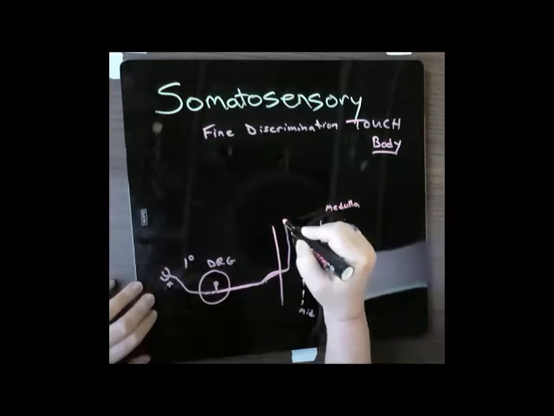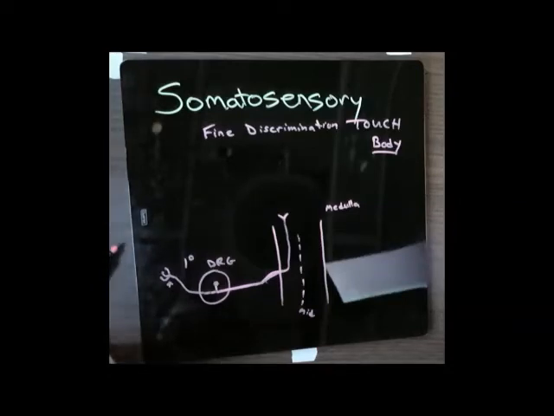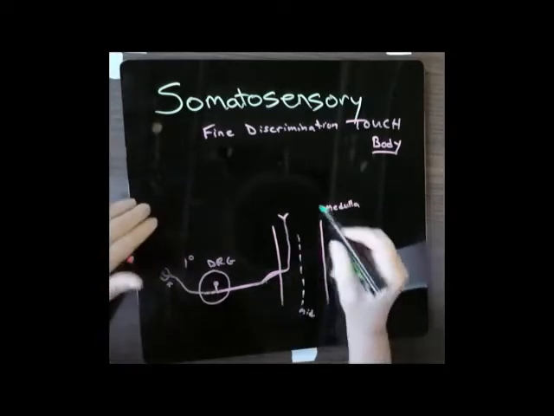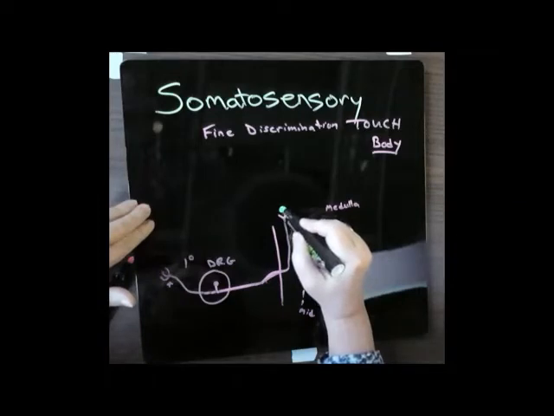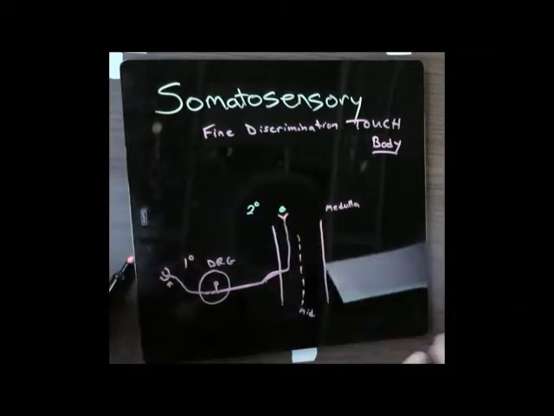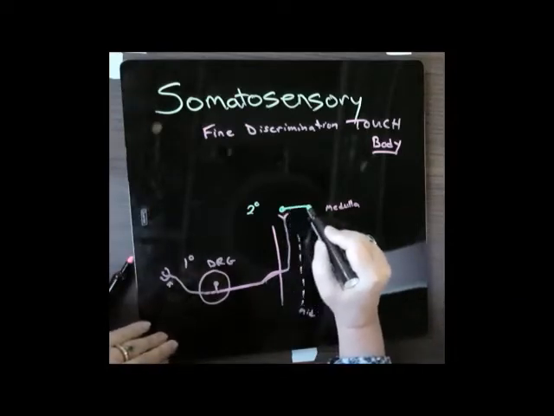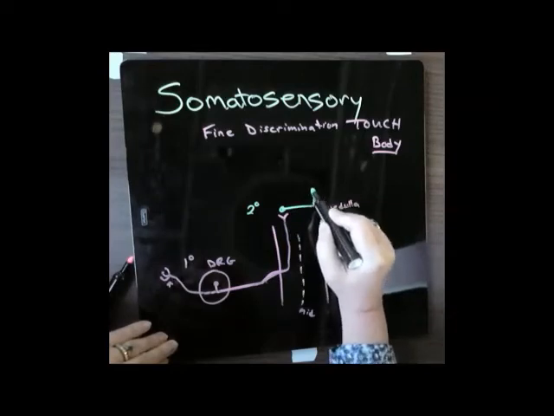Okay, so when it gets to the medulla, then it's going to create a synapse with the second order neuron in the pathway. This is the brainstem neuron. Now for all of these somatosensory pathways going to consciousness, the axon of the second order neuron always does the same thing. That is, it crosses the midline. And you'll see shortly why that's important.